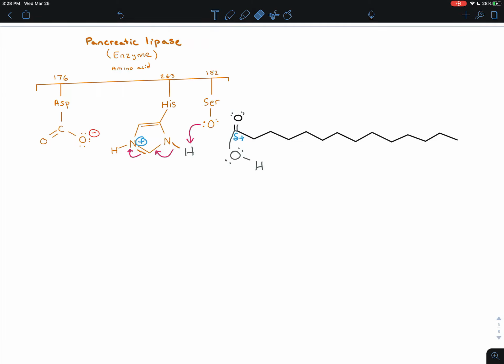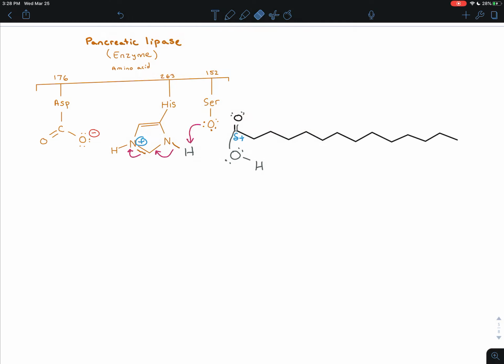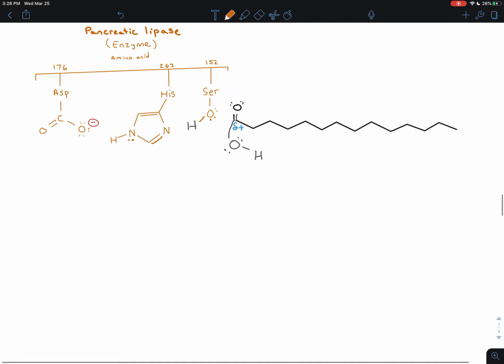This bond breaks, becomes a lone pair. The other lone pair steals this hydrogen. The other bond becomes another pi bond. And this pi bond here becomes a lone pair on the nitrogen, relieving it of that negative charge it had.